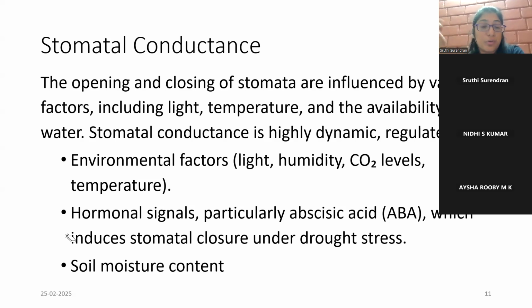So that is going to reduce the water potential, which, like I said, controls the water entering and exiting the guard cells in the stomata, and that again is going to impact stomatal conductance.